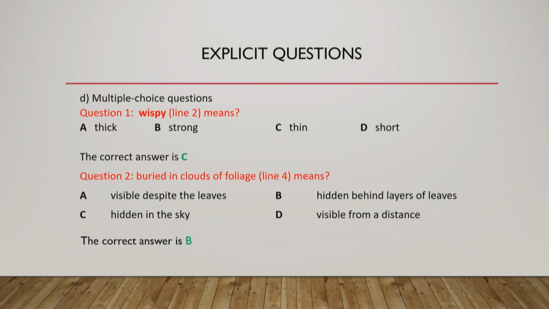And the correct answer is C, thin. The second question requires us to explain the phrase "buried in clouds of foliage". And the correct answer is B, which is hidden behind layers of leaves.